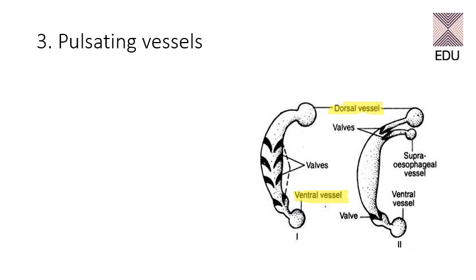So the lateral heart connects the dorsal vessel with the ventral vessel. But the second diagram connects the dorsal vessel from the top, and it is also connecting the supraoesophageal vessel with the ventral vessel. This is the main difference between the lateral and the lateroesophageal hearts.